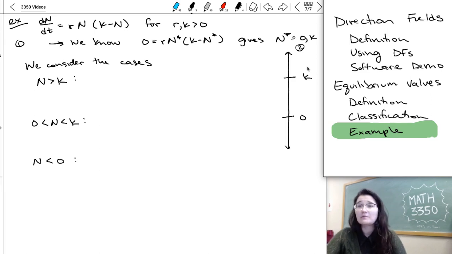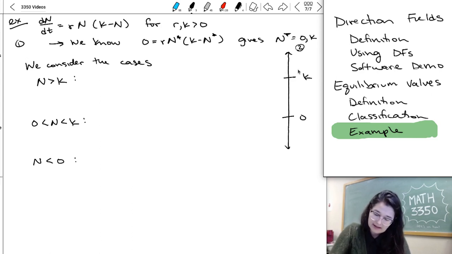And so that's going to be enough for us to consider the behavior on every side of the equilibrium. And this is setting us up to do part 3, examine the sign on all sides.